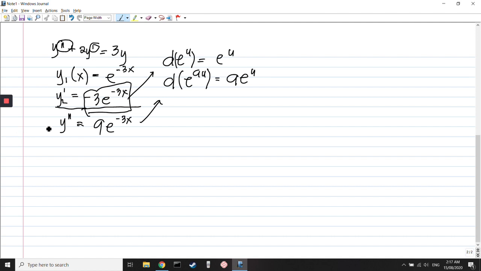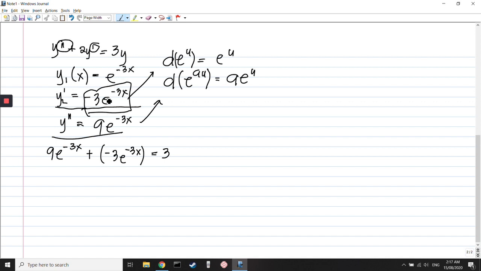So to substitute, we have y double prime and y prime, and we just need to substitute into the equation. In this y double prime, we have 9e raised to the power of 3x plus the y prime, 3e raised to the power of 3x, is equal to 3 times y.